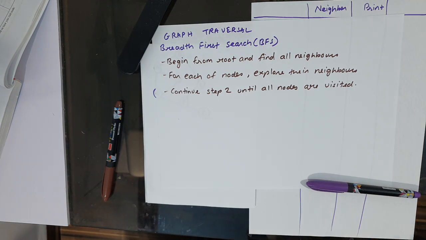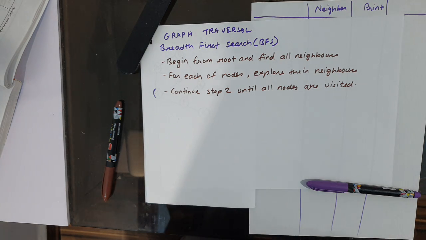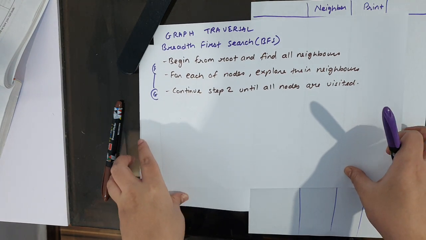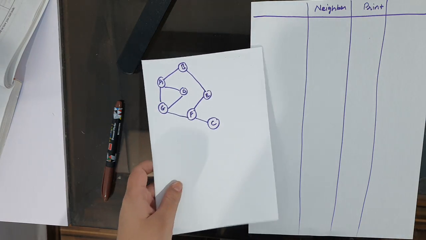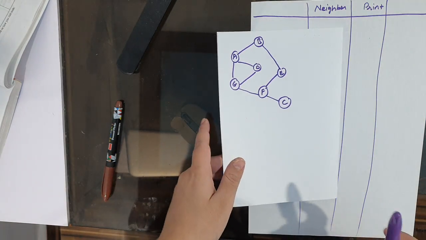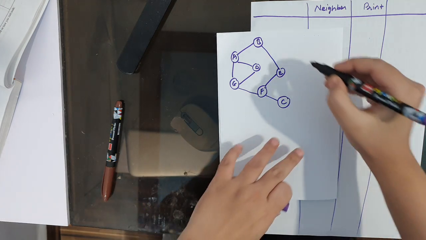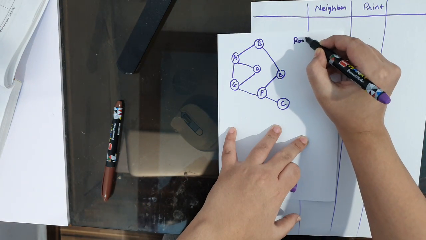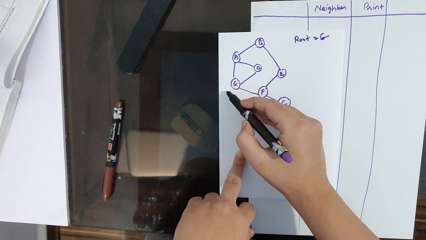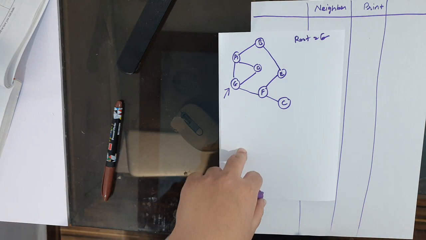So I guess this can be understood in a better way by an example. For that I have taken one graph right here. This is going to be our graph, and our root is going to be G. So basically G is our root.